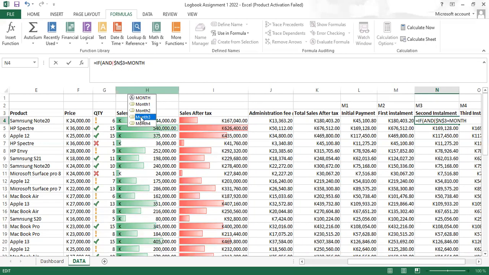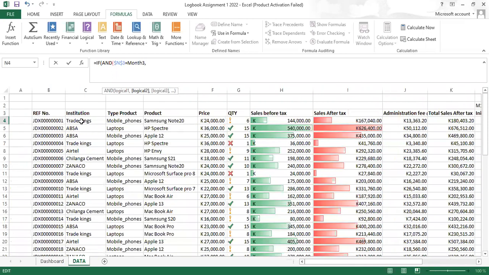Okay, you tab, comma, and then we go on C4. If this C4 is equal to Chilanga Cement, right?